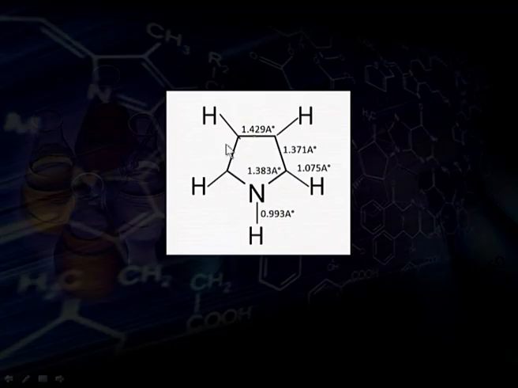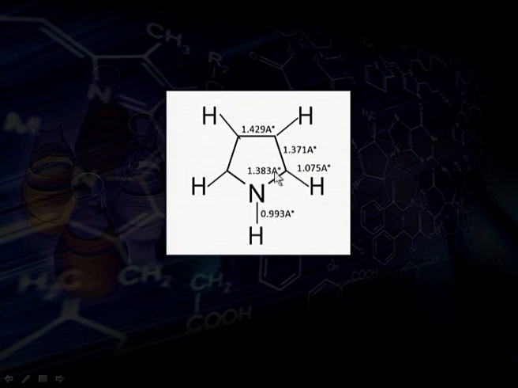As this diagram is indicating, although all the bonds are not of equal length, all these bonds are slightly shorter than carbon carbon single bond and similarly carbon nitrogen single bond, while they are slightly longer than carbon carbon double bond and carbon nitrogen double bond.